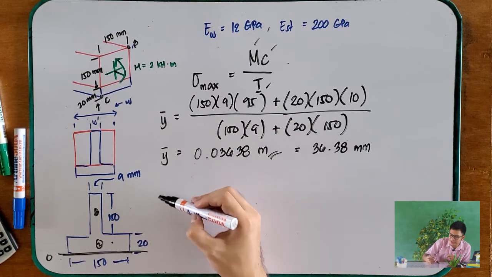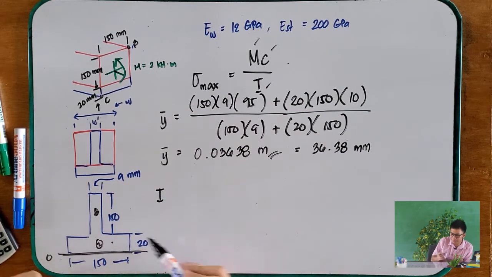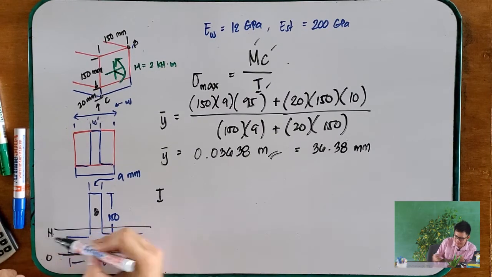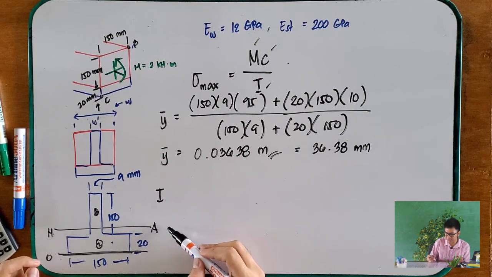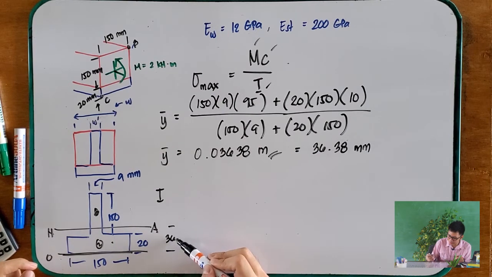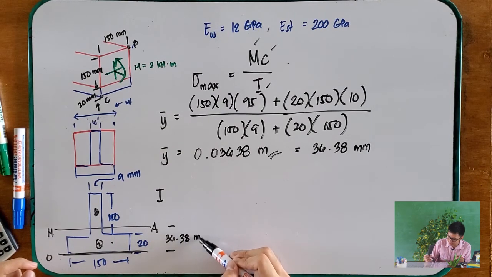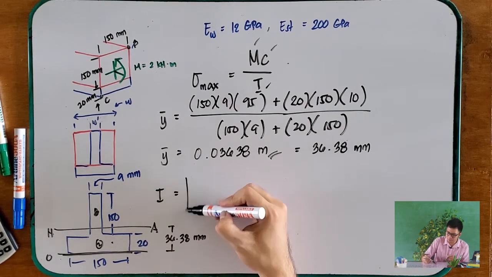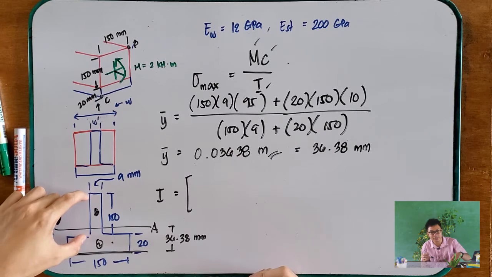So now, let's determine the moment of inertia of this one. The moment of inertia from the neutral axis, let's say na diri ang neutral axis, which is 36.38 millimeters. Una gyapon ta aning first.